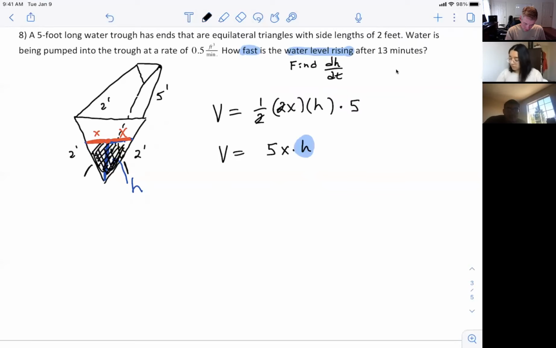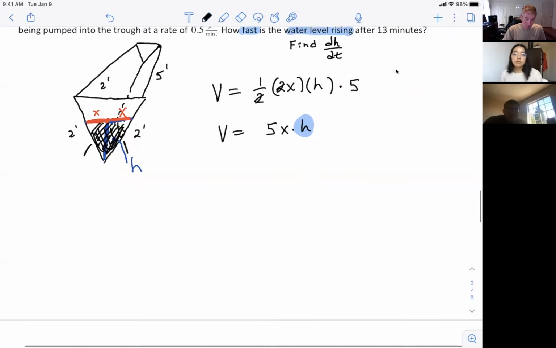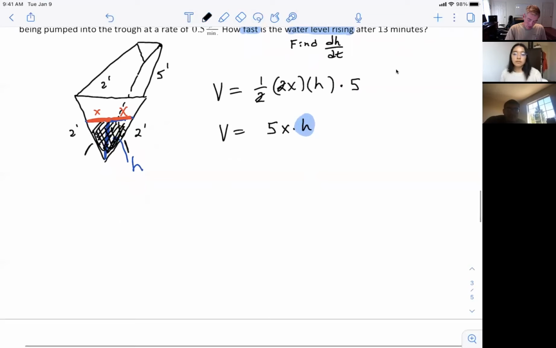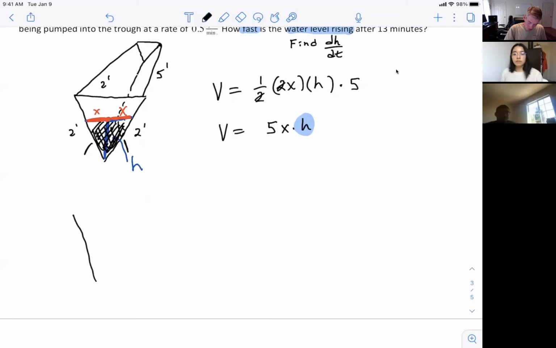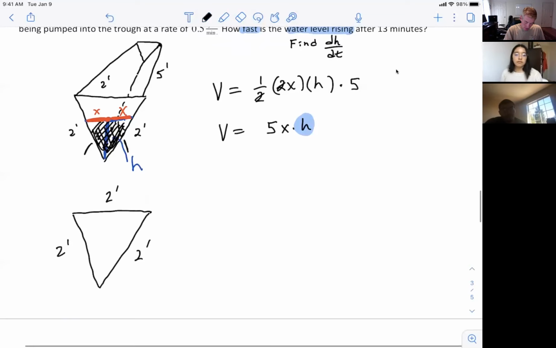And here's the main reason that I picked this one. So when you look at the face of the water trough, when I first started, it's a triangle that's 2 feet by 2 feet by 2 feet. And if you split that down the middle, that means the 2 feet is going to be 1 foot on this side and 1 foot on this side.